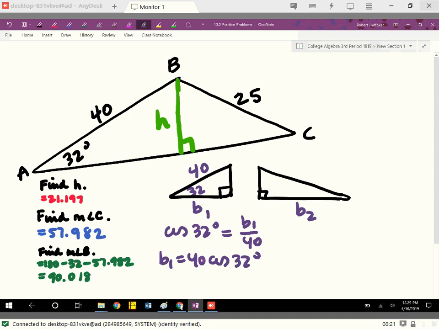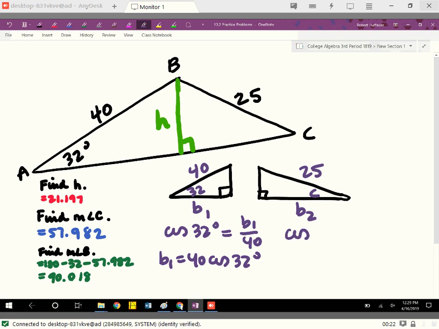Then for B2, you're going to have to use one of the things you calculated. You could use the measure of angle C if you wanted. You could use the 25 and the h if you wanted to do that. Really, whatever you think. I think I'll use the measure of angle C and the 25. I don't have room to fit that. So again, this is cosine.